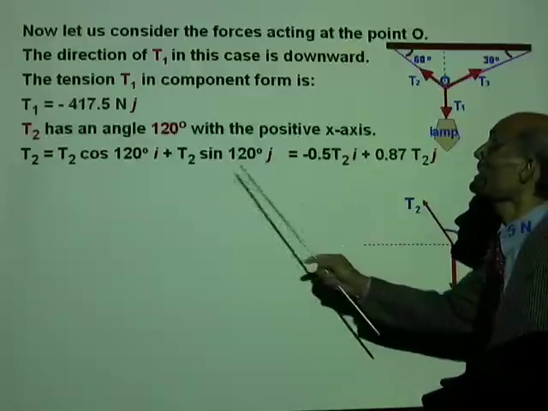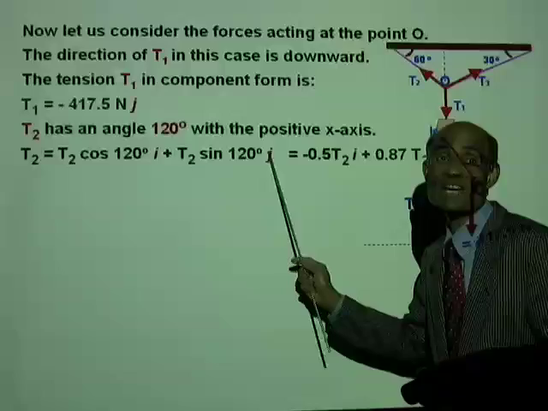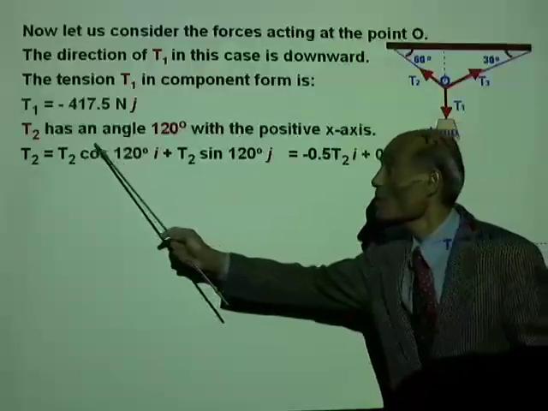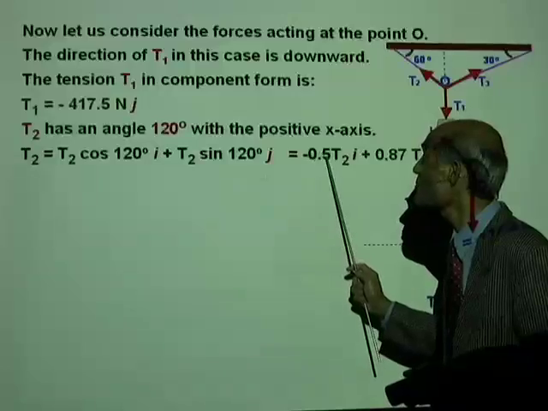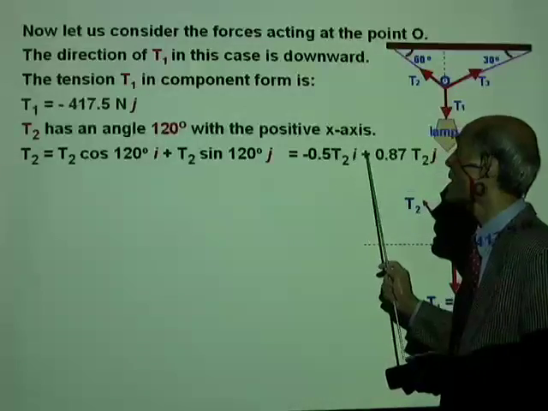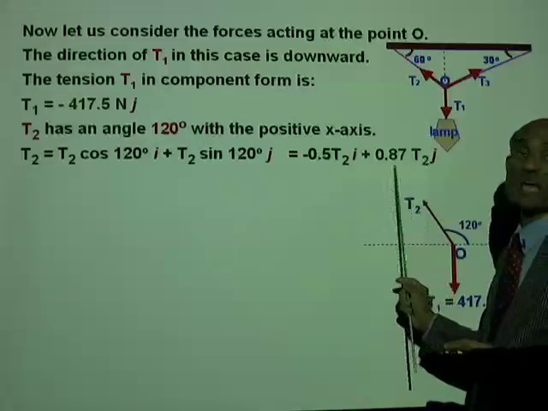And using the values of cos 120 and sine 120, you know cos 120 is negative. So that will be negative 0.5 T2 I plus 0.87 T2 J.